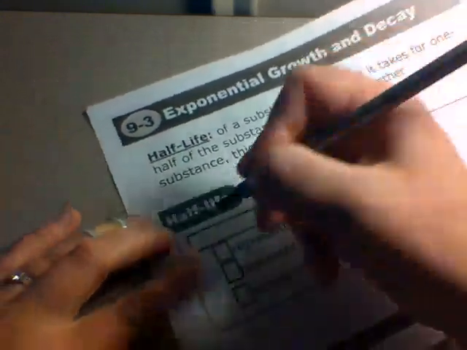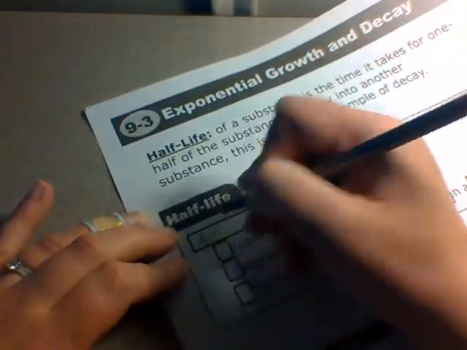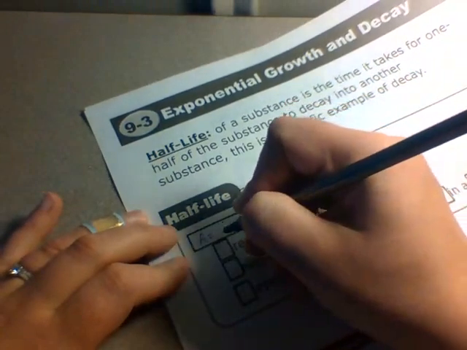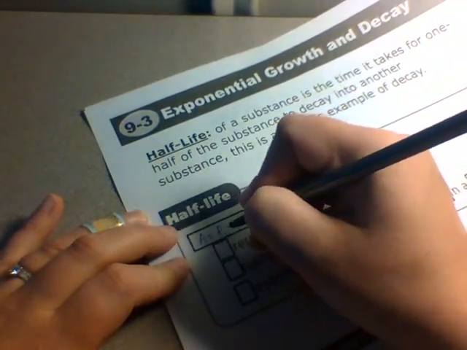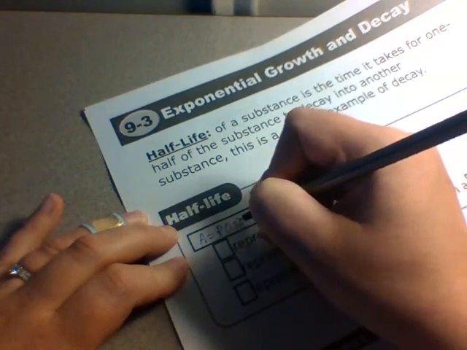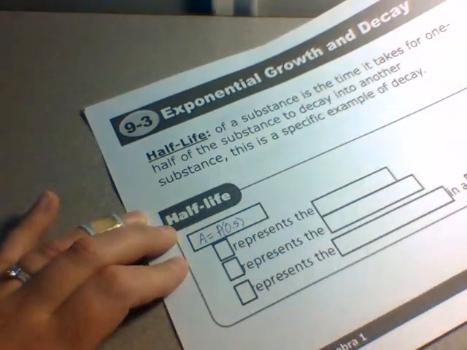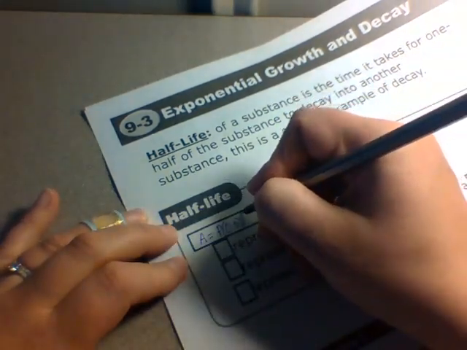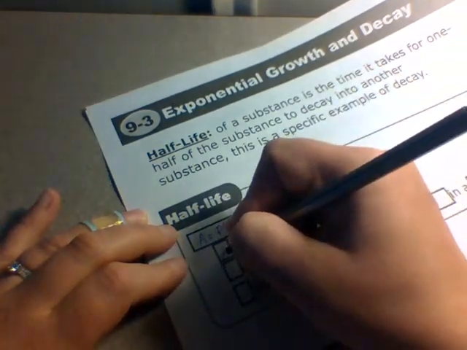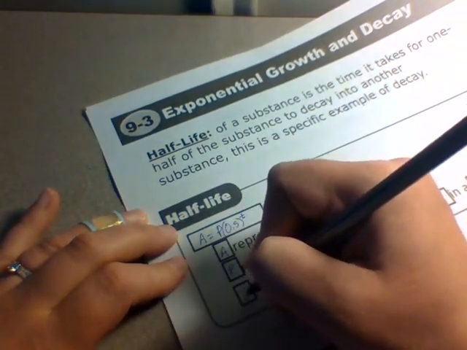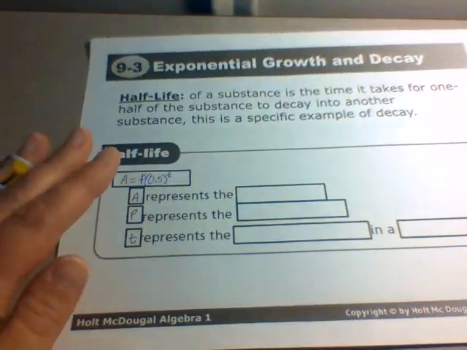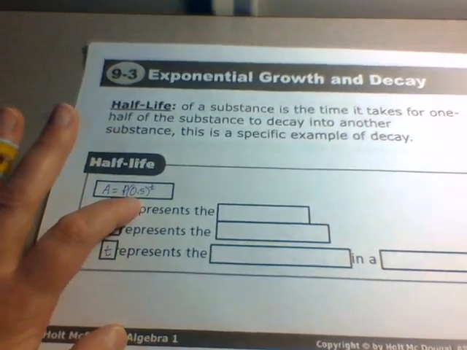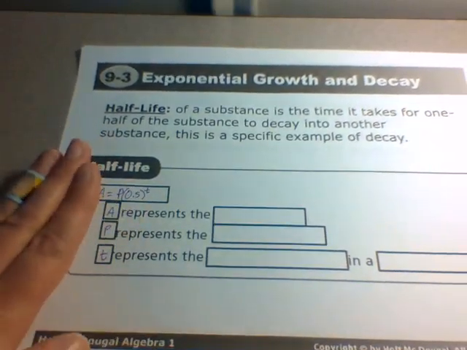So your half-life talks about an amount, and an amount is going to have to happen after an initial population is multiplied by a rate of 0.5, because again, we're doing half-life, and that 0.5 is being raised to the t. So we have an A, a P, and a T. Notice we don't have an R because we already put that into the formula every time for half-life as 0.5.